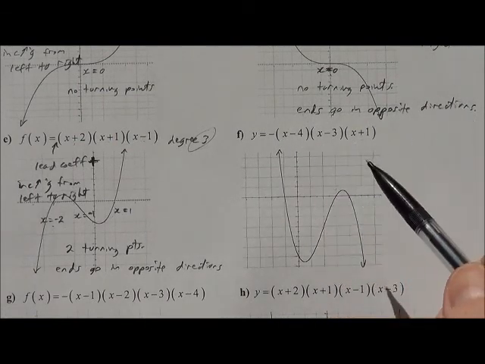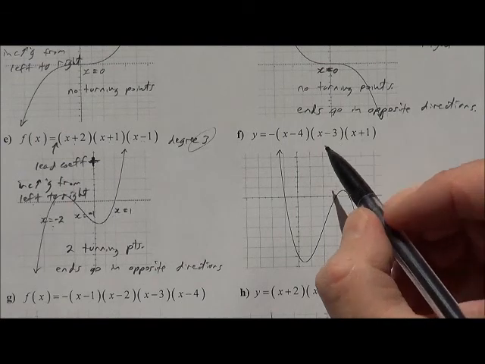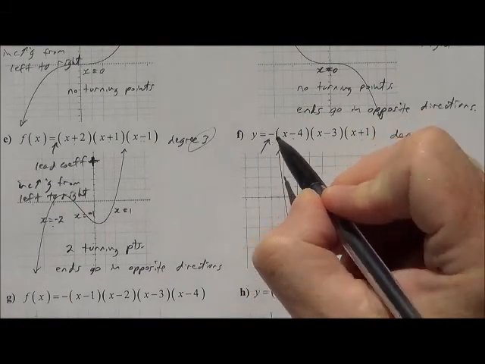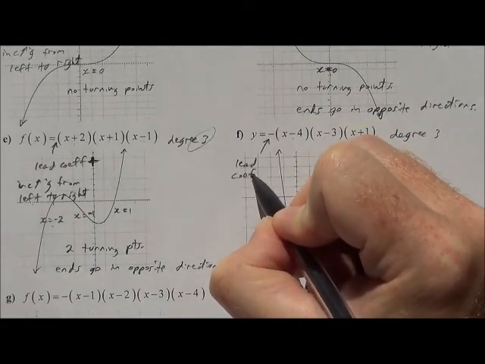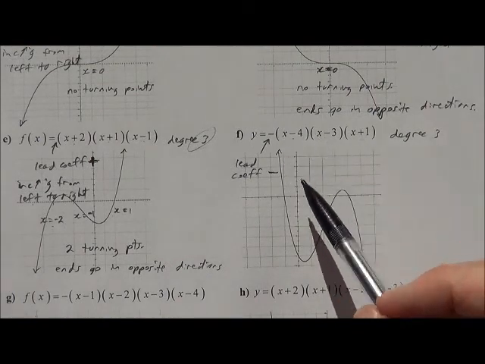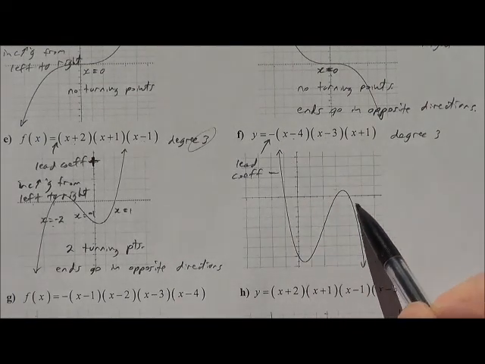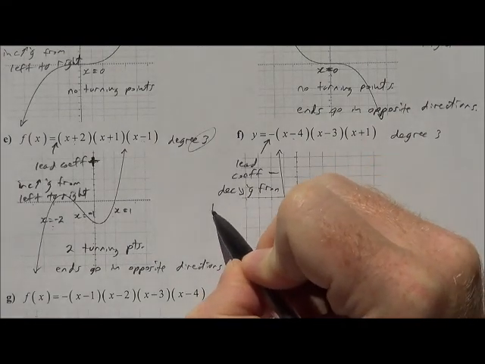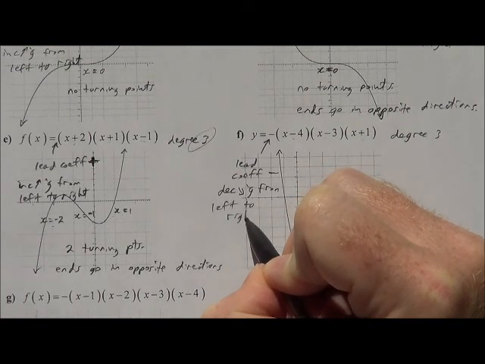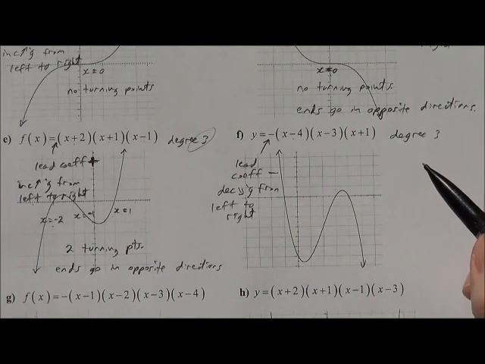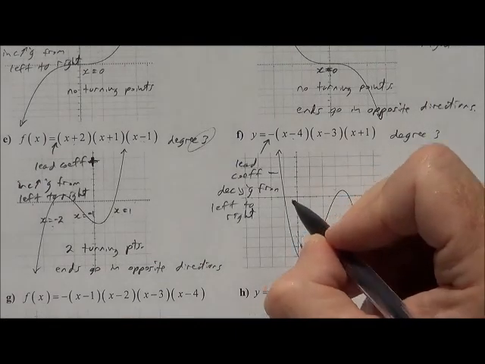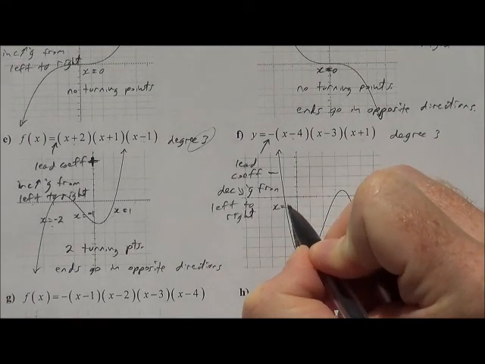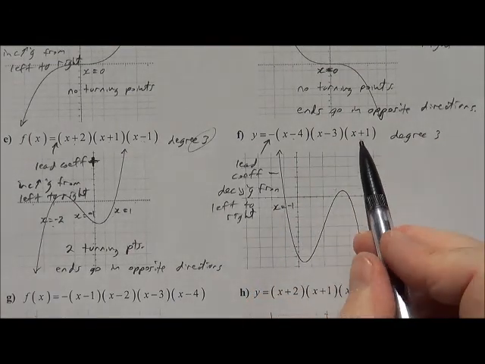If we go along to example F now, 1, 2, 3, degree 3, lead coefficient is negative. Notice that the general trend of the graph is decreasing from left to right. Take a look at the zeros, and we have a 0 at x equals negative 1, which corresponds to the factor of x plus 1.